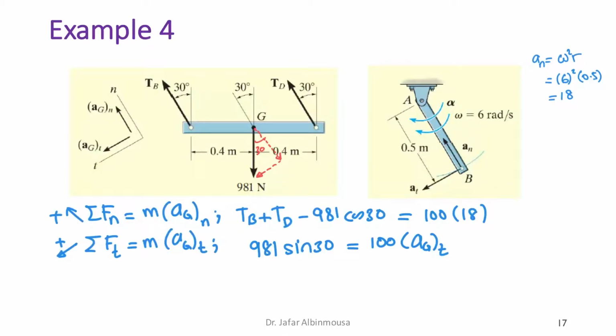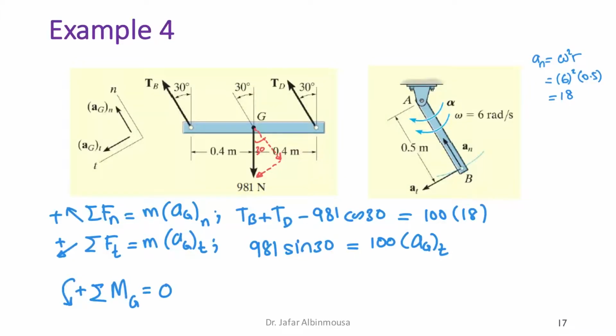Now, let's move on to the moment. We take the moment as counterclockwise positive, and we sum it about point G, and we say that this is equal to 0. The reason is that since omega was given to us as 6 radian per second at that instant, it is constant, and alpha is going to be 0.